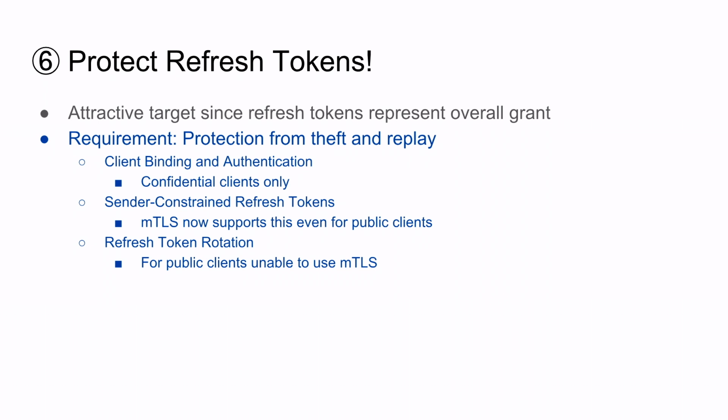So we've seen before, you get a new refresh token each time you use a refresh token. But if anybody is using an old refresh token, you immediately invalidate all the refresh tokens and all the access tokens associated with that grant. So if somebody tries to replay a refresh token, everything will be torn down, essentially.